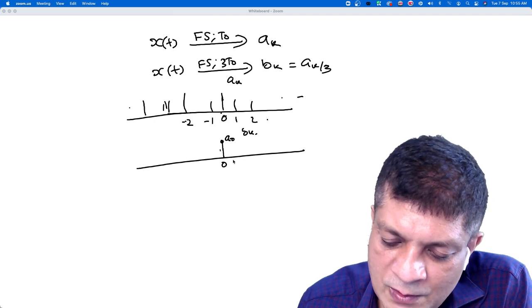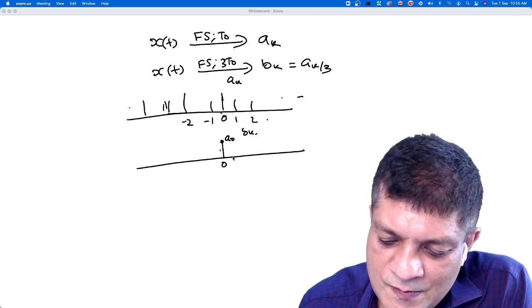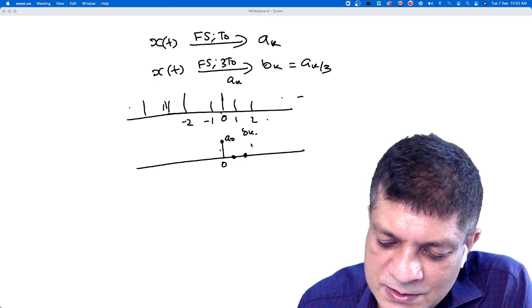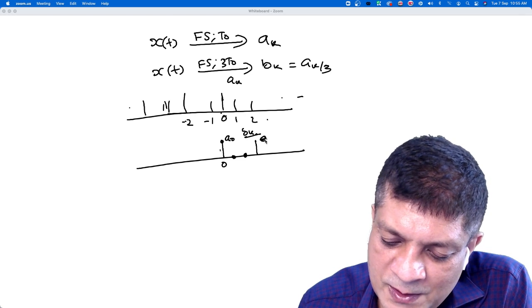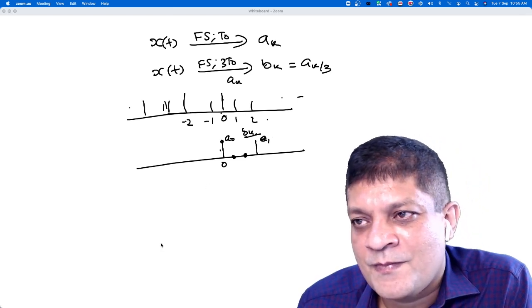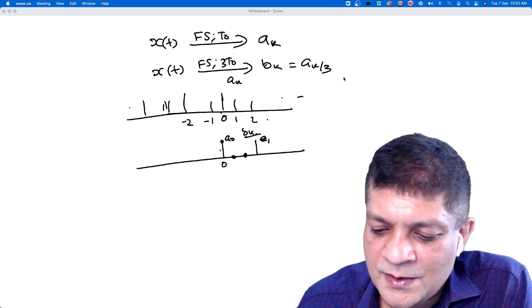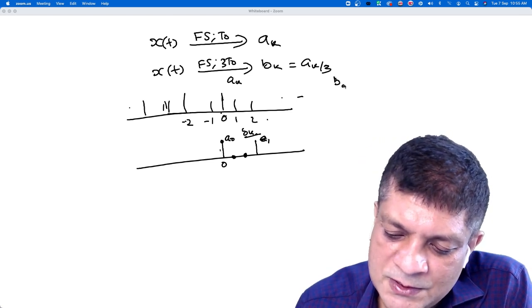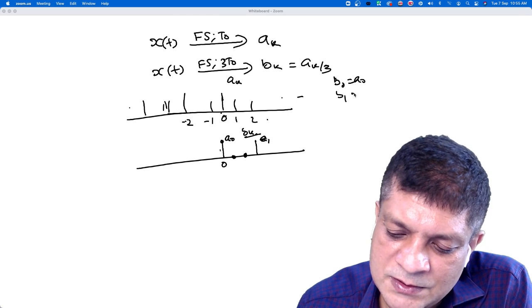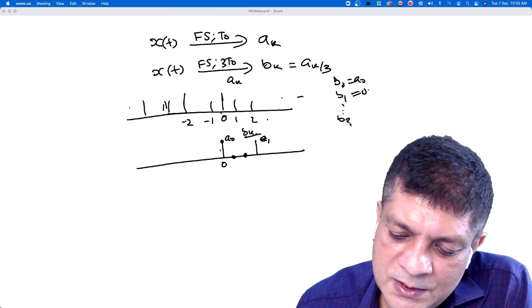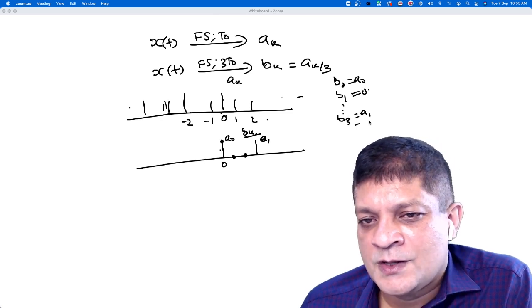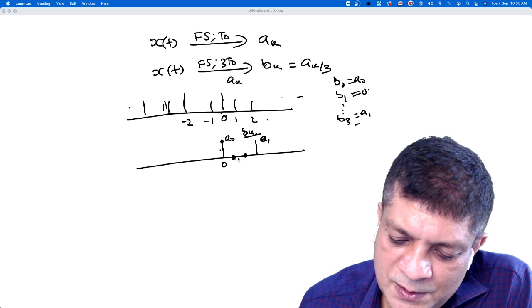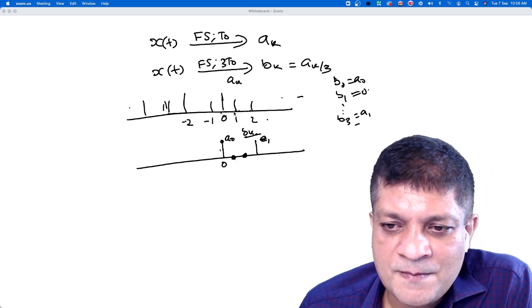Then we'll have how many zeros? 2 zeros. Then the next value is a_1. What we have seen is b_0 is a_0, b_1 is 0, and then b_3 is a_1, like that. So can we say that it is equivalent to inserting 2 zeros in between each Fourier series coefficient here?